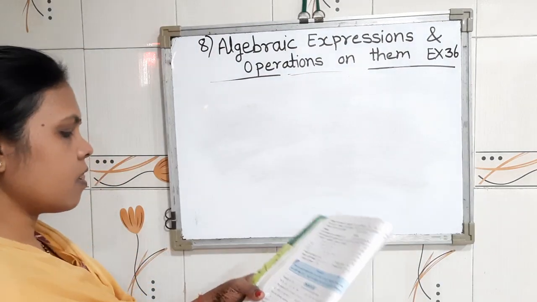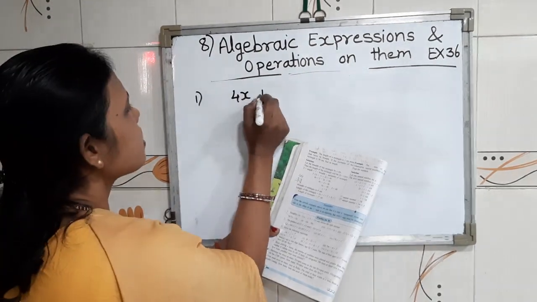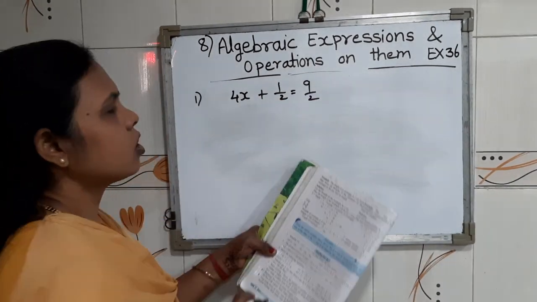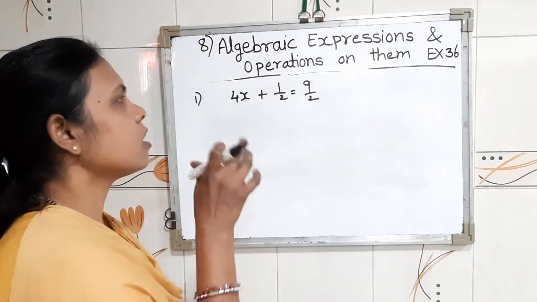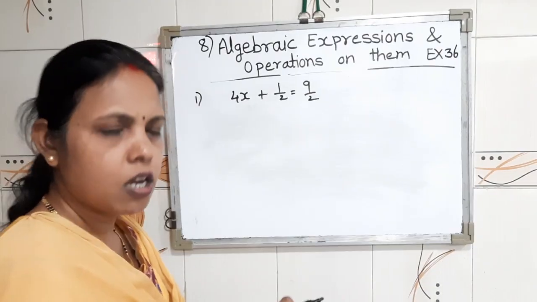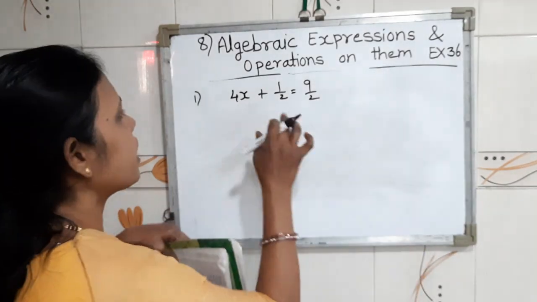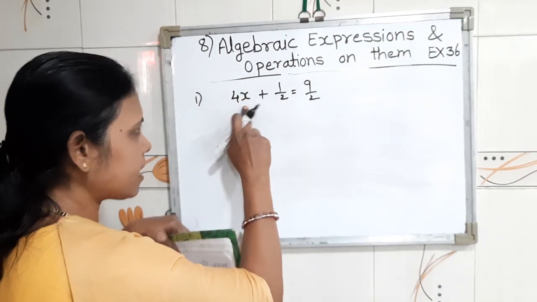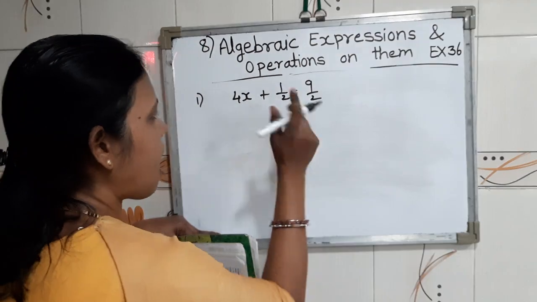Third one is given: 4x plus half equal to 9 upon 2. So children, here when you are solving, whatever the numbers are there with the variable, one by one we are going to remove those numbers. For example, with the variable 4 is there. 4x plus half. First we are going to try to remove this half.